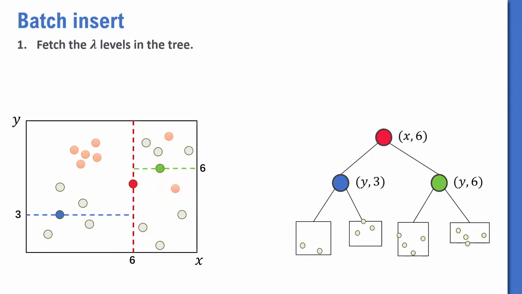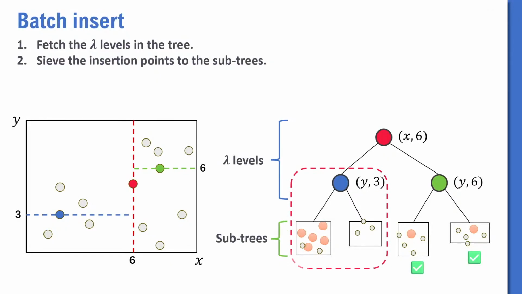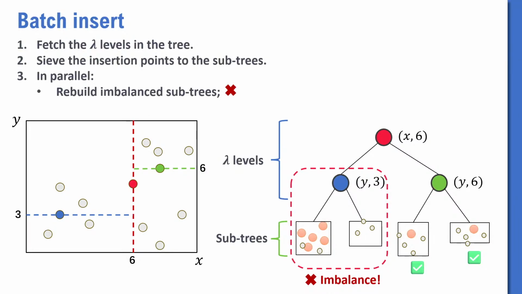The same as our construction algorithm, we look at lambda levels together. And then we just sieve the points to the subtrees. Part of them are still balanced. We're good with it. And some parts can be imbalanced. So our batch insertion algorithm just, in parallel, rebuilds the imbalanced part and recurses on the balanced part. And that's it. I just made KD tree dynamic. Okay? So that's all the algorithms. Okay, well, I'm going to show some experiments.